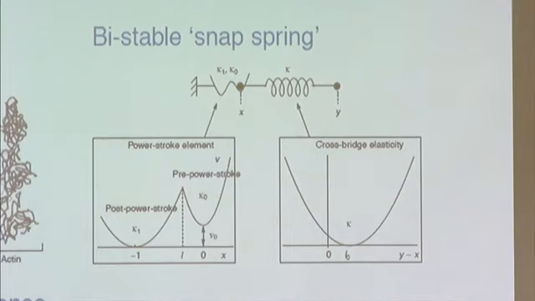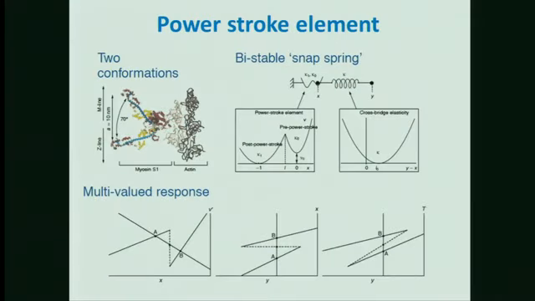That's clear because the forces in those two elements must be equal. So those two lines must intersect. They may have three intersections. And if we control y, you may have three values of x and three values of force. So at each length, this is at least a bistable device.